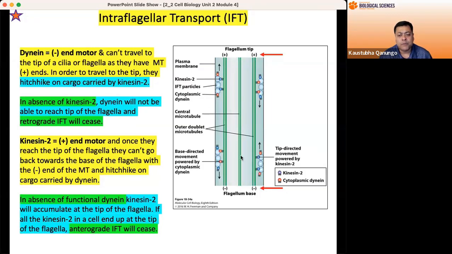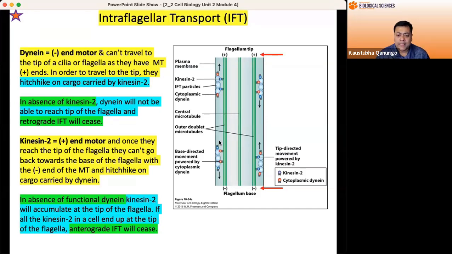If it's moving from the cell towards the periphery, we call this anterograde movement. If it is coming towards the cell, that's retrograde movement. In anterograde movement, kinesins are essentially going to move the material and the dyneins are hitchhiking. Whereas in retrograde movement, dyneins are carrying the cargo.